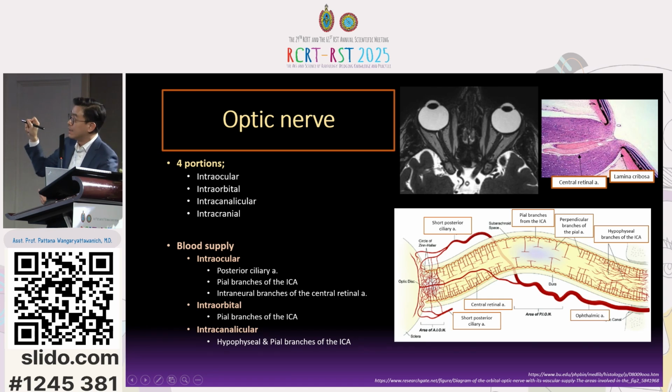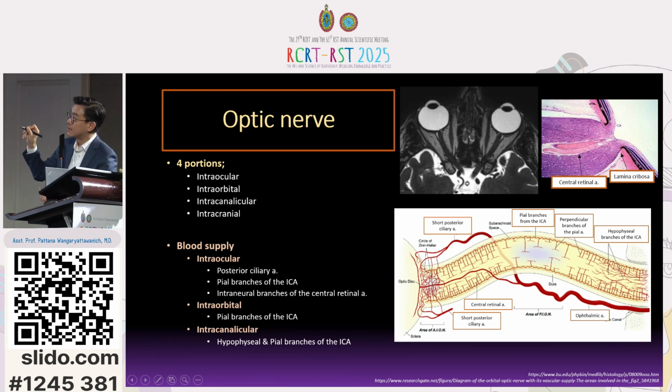And when it supplies the optic nerve, you will see that it branches off and gives rise to small perpendicular branches that penetrate the substance of the optic nerve. In the mid portion of the intraorbital optic nerve, there's only one arterial supply, and that is the pial branch of the ICA. The distal portion of the intraorbital optic nerve and the intraocular optic nerve have a more complex arterial supply.